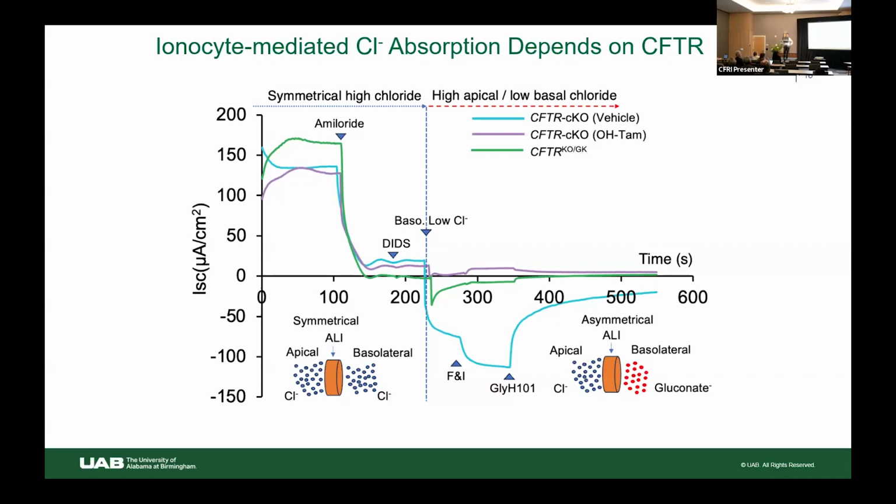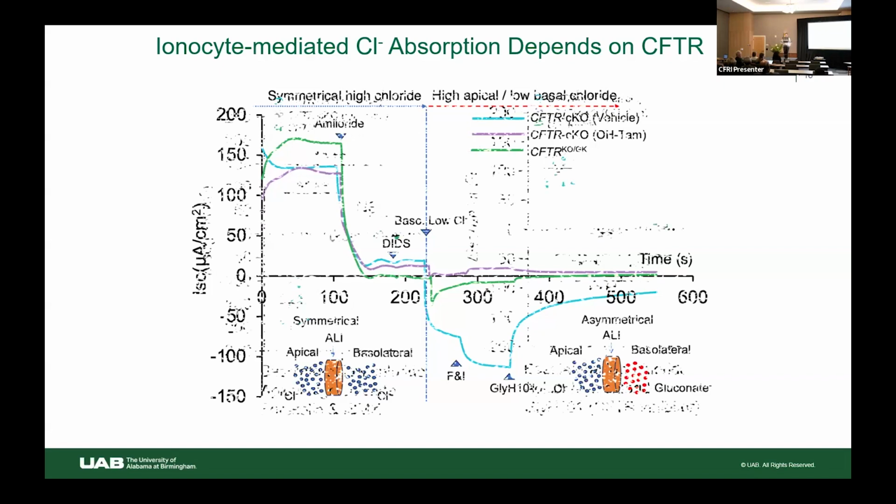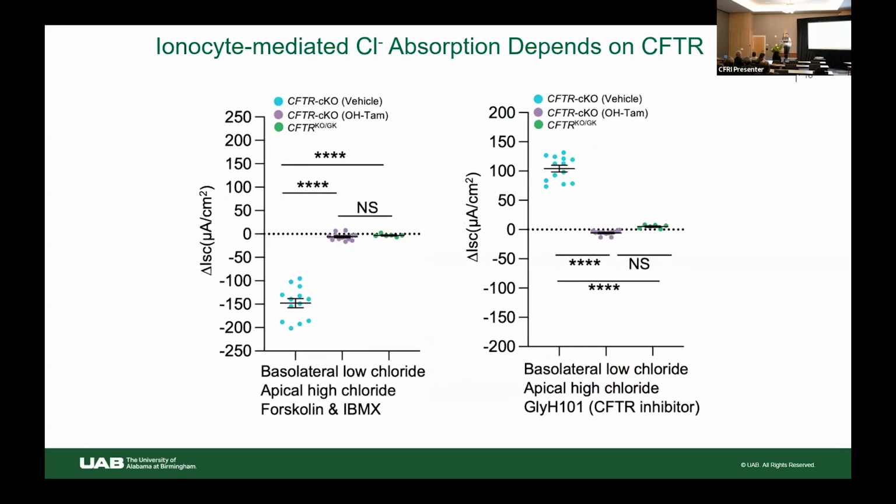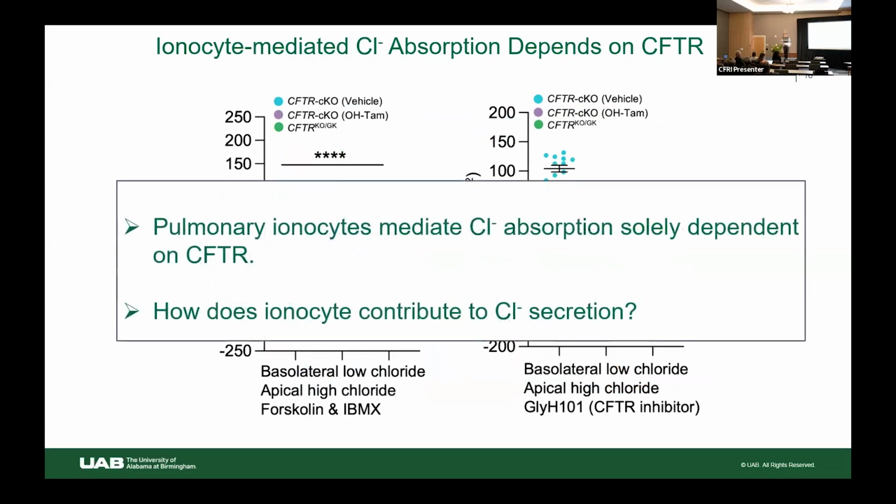We can clearly see both conditional knockout and the CF group show nearly zero chloride movement in the absorptive direction, and the ionocyte-specific CFTR deletion exactly phenocopies the CF group. So we conclude that pulmonary ionocyte-mediated chloride absorption is solely dependent on the CFTR.